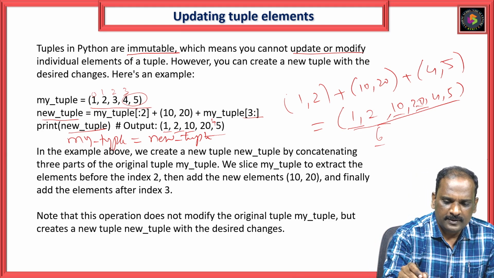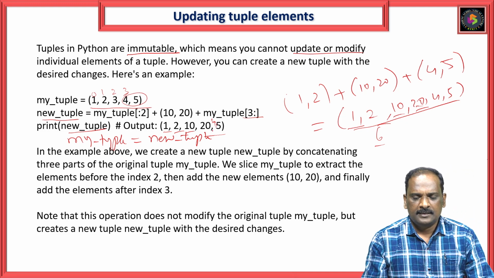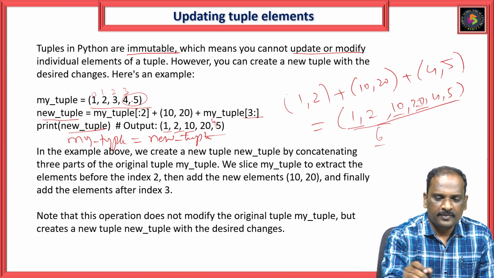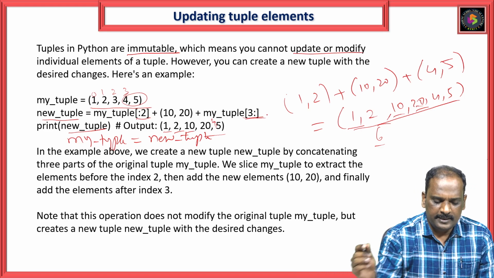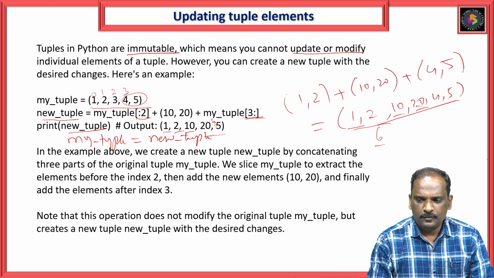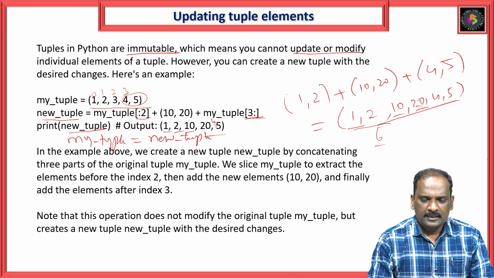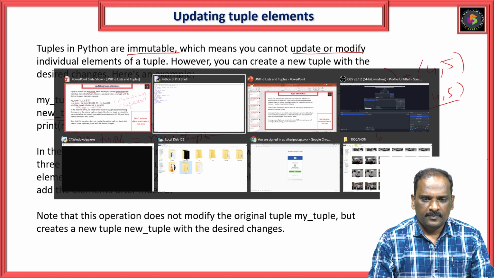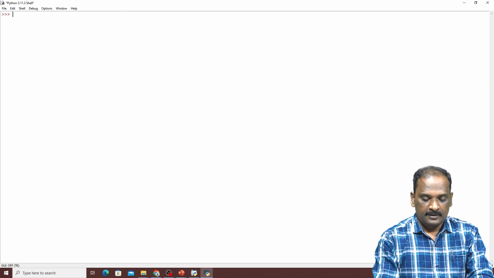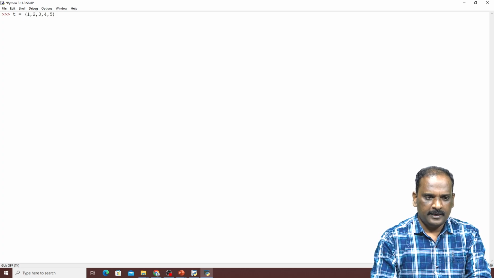Now we shall see whether 4 will be inserted in the tuple or not. It is containing 1, 2, 3, 4, 5, with slices colon 2 and 3 colon. I will show this example in the interpreter. T is containing 1, 2, 3, 4, 5.